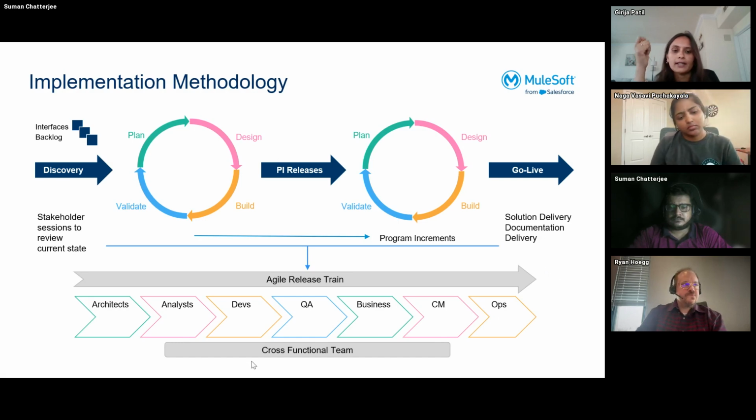As Suman already mentioned earlier, the prioritization of the interface migration plays a very important role here. The interfaces backlog that we create based on the interface optimization process becomes a major step in the entire journey.